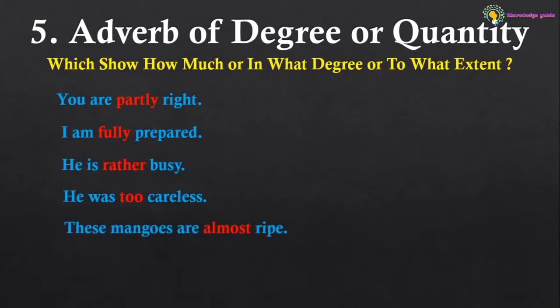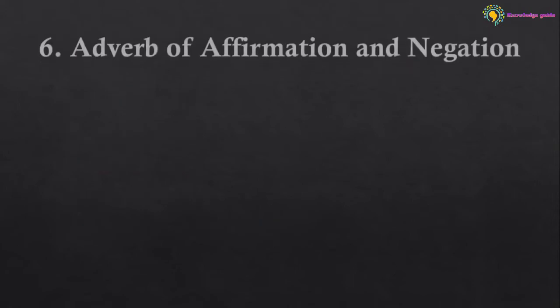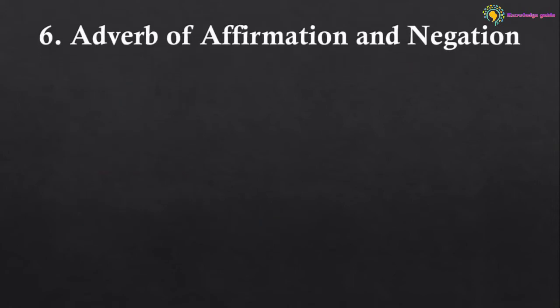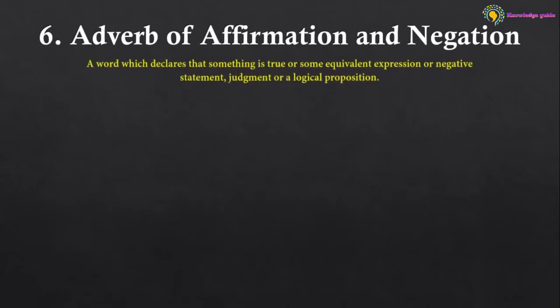These mangoes are almost ripe. Here the word almost is also showing some extent of degree of a sentence. So here in all these red color marks like partly, fully, rather, too, almost are all adverbs of degree or quantity.